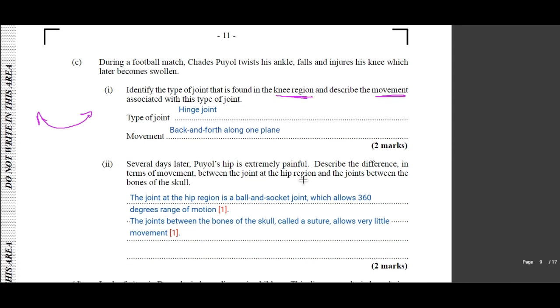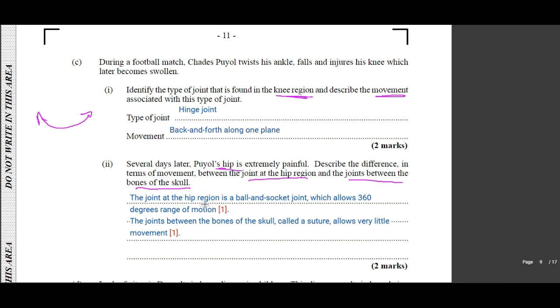Part 2, several days later, his hip is extremely painful. Oh gosh, poor Puyol. He's under pressure, right? So his hip now hurting him. So now they're going to ask us to describe the difference in terms of movement between the joint at the hip region versus the joint between the bones of the skull. Right? So it's an interesting segue, but okay.